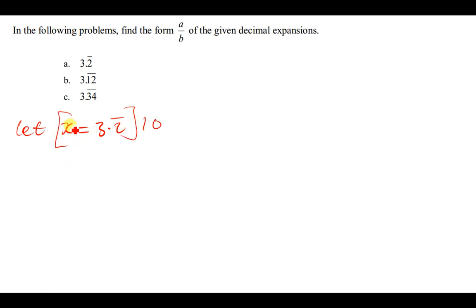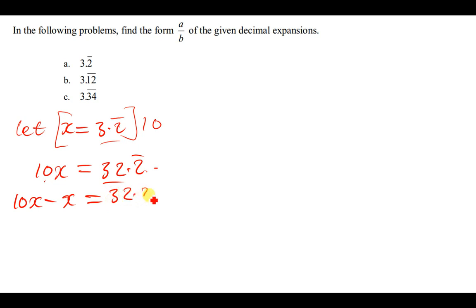So when we multiply x by 10, we get 10x, and then 3.2 bar times 10 gives 32.2 bar, since the 2 is repeating, so it will still be there. Then we can subtract this equation from that equation. So 10x minus x is equal to 32.2 bar minus 3.2 bar.